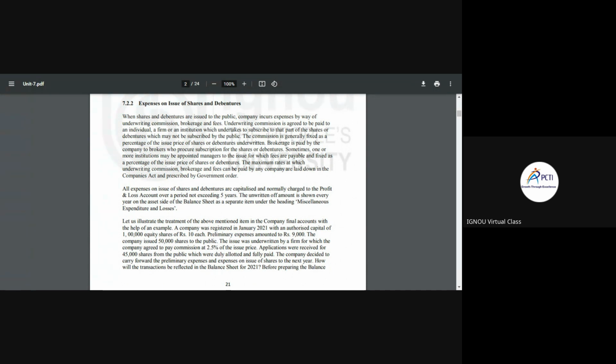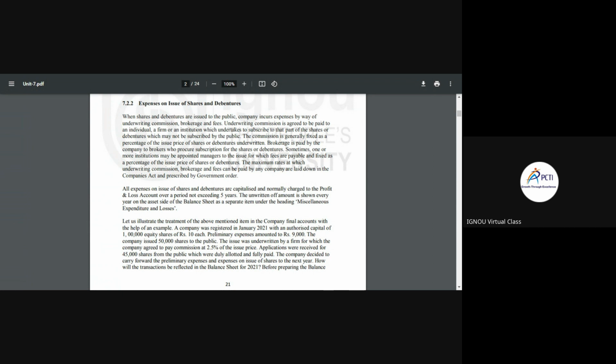So when the shares and debentures are issued to the public, the company incurs expenses by way of underwriting commission and brokerage fees. Underwriting commission has to be paid to an individual, a firm, or an institution which undertakes to subscribe to that part of the shares or debentures which may not be subscribed by the public. Commission is a fixed percentage of the issue price of the shares or debentures which are underwritten.